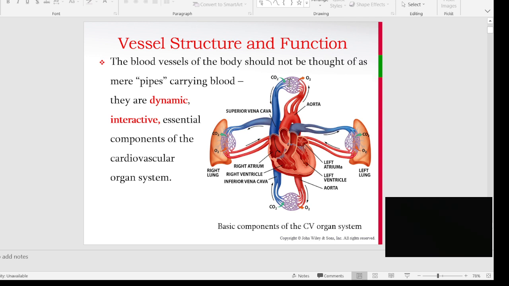Okay, and then after that the blood goes to the pulmonary veins, then to the left atrium, then to the left ventricle, and it will be pumped out to the aorta. Then from the aorta it will be distributed to the tissues.